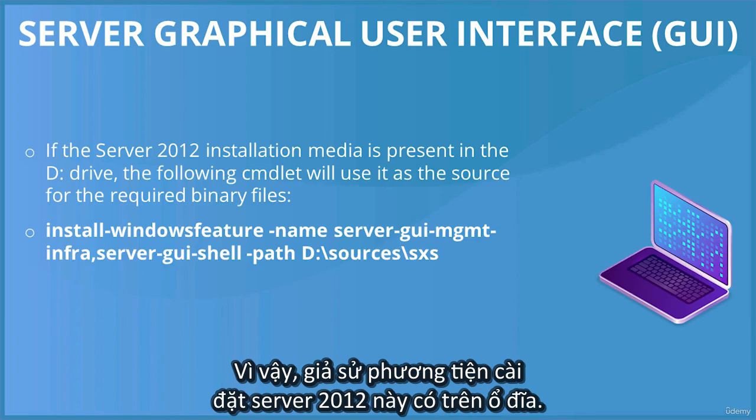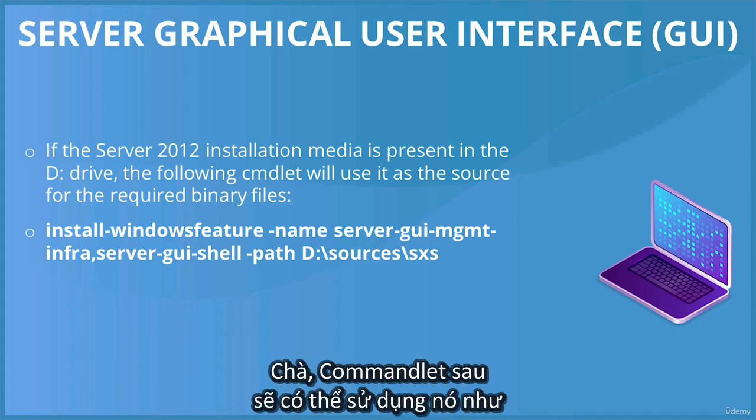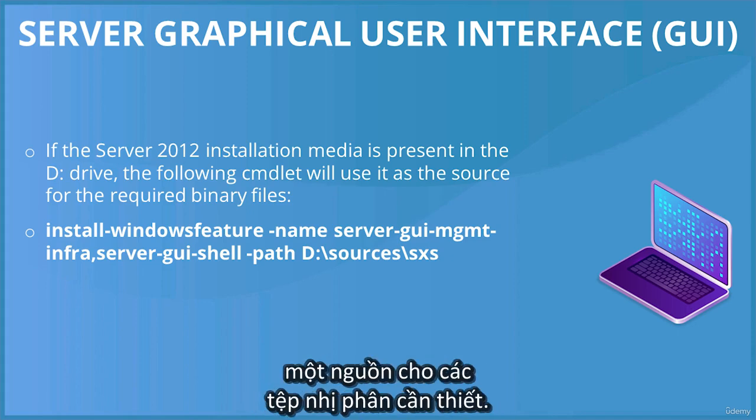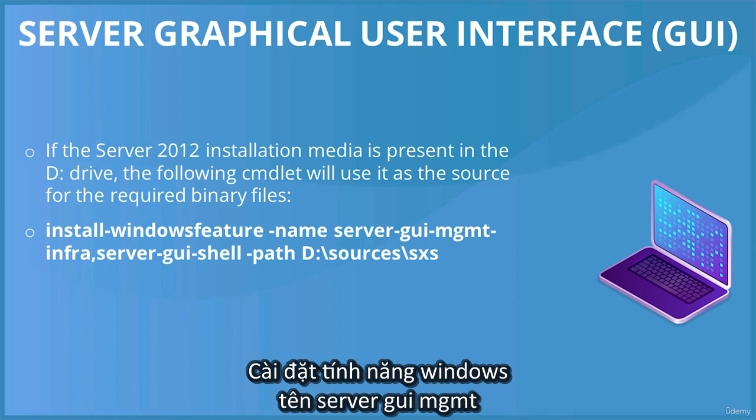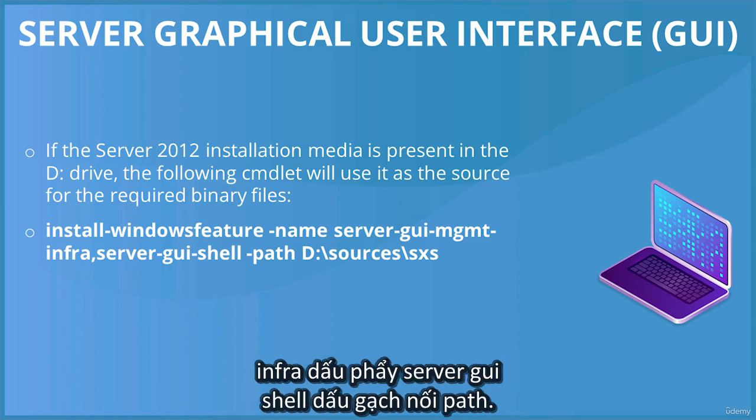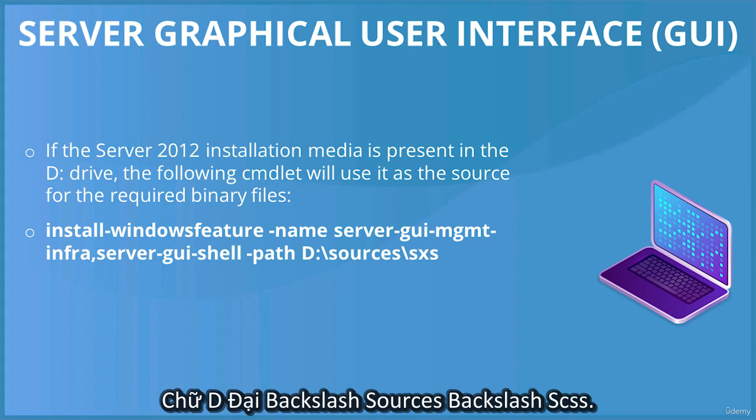So, for example, let's say the Server 2012 installation media is present on the D drive. Well, the following cmdlet will be able to use it as a source for the required binary files. Install-WindowsFeature -Name Server-GUI-Mgmt-Infra, Server-GUI-Shell -Source D:\sources\sxs.